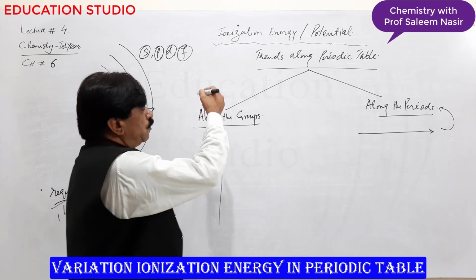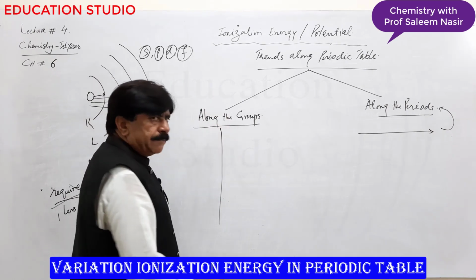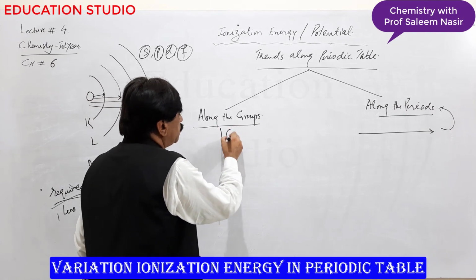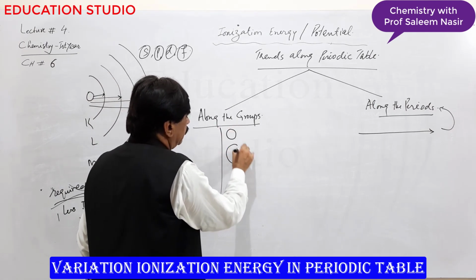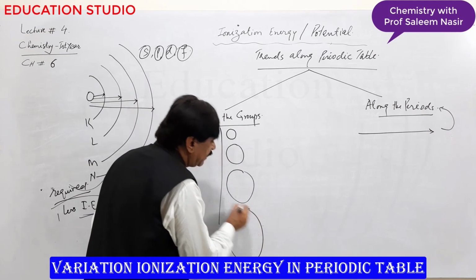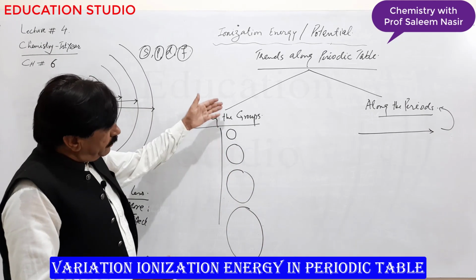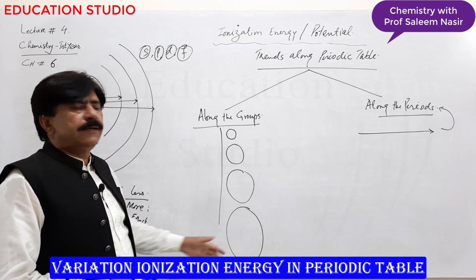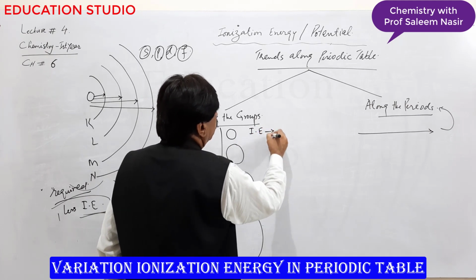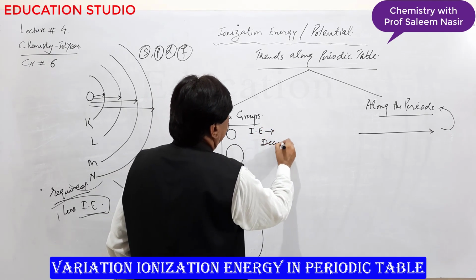When we go from top to bottom along the group, the atomic size goes on increasing. As the atomic size increases gradually, the value of the ionization energy goes on decreasing.